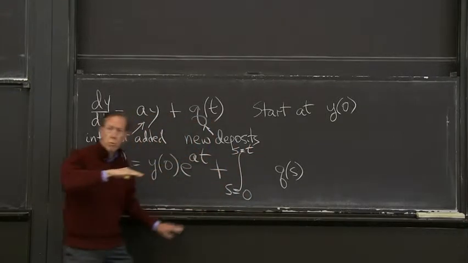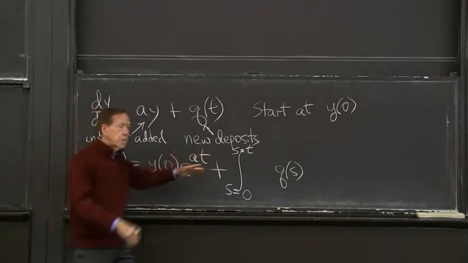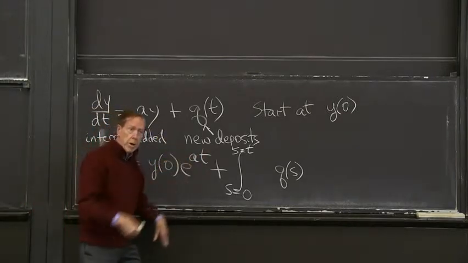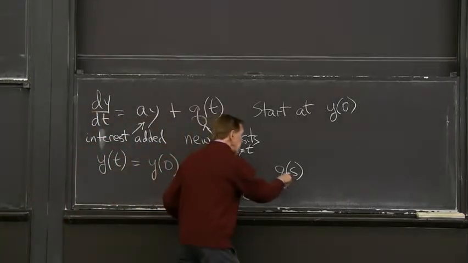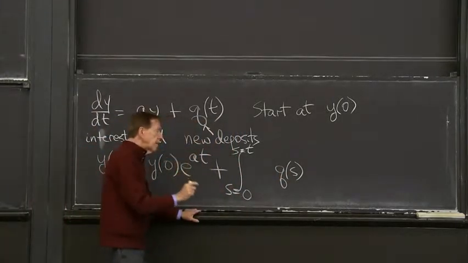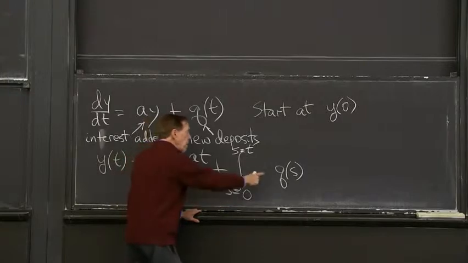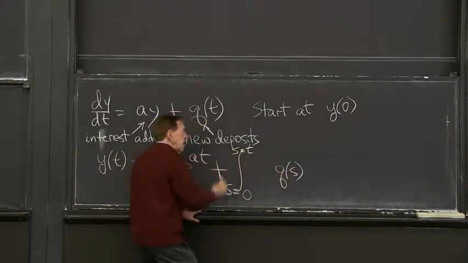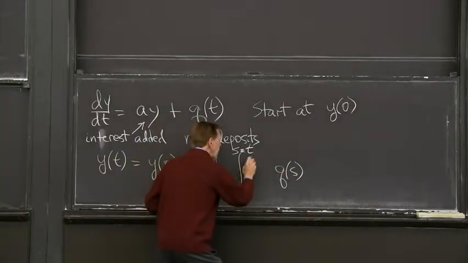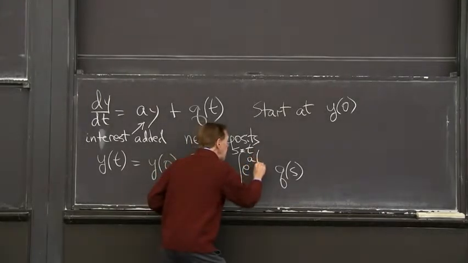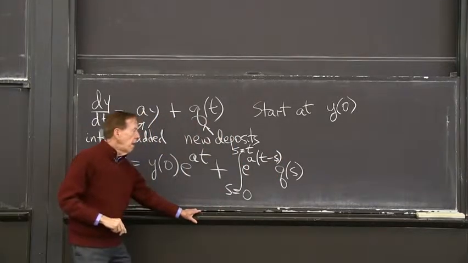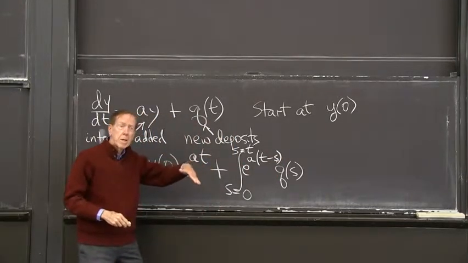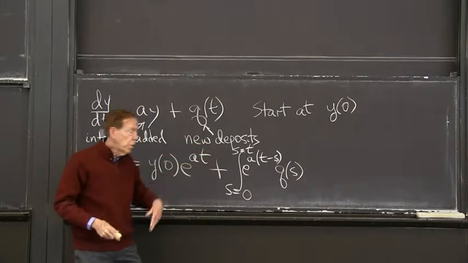So s is the running clock. T is when we look at our account and see what's in it. And this deposit is made at time s, and then it grows over the remaining time from s to t. So it grows by a factor e to the a times (t minus s). That's the key.